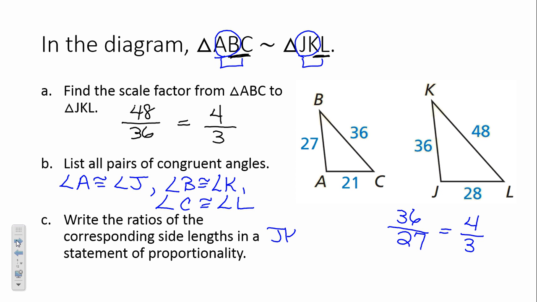So JK is to AB as KL is to BC as JL is to AC. Okay? That's what they're looking for. All the combinations, making sure that the big triangle is on top and you've got the appropriate corresponding small triangle side lengths on the bottom.